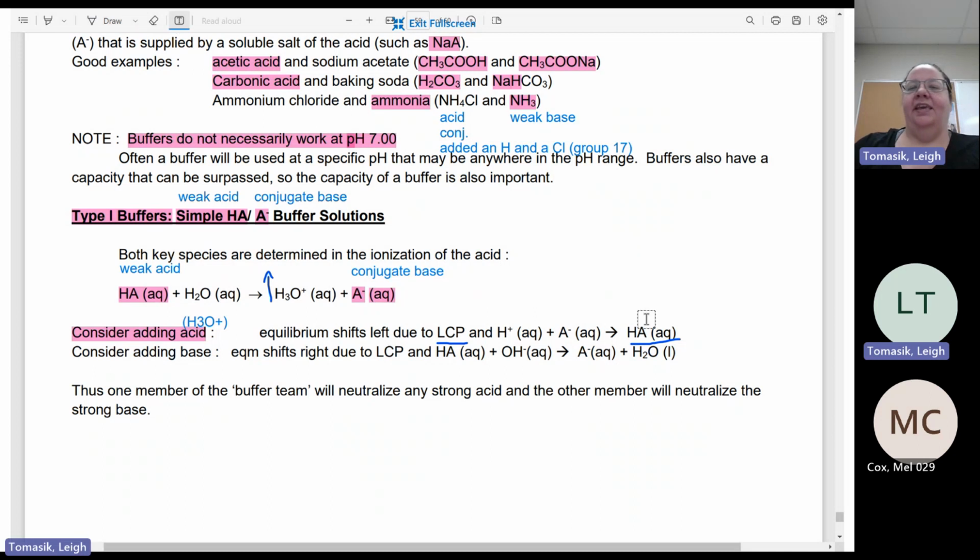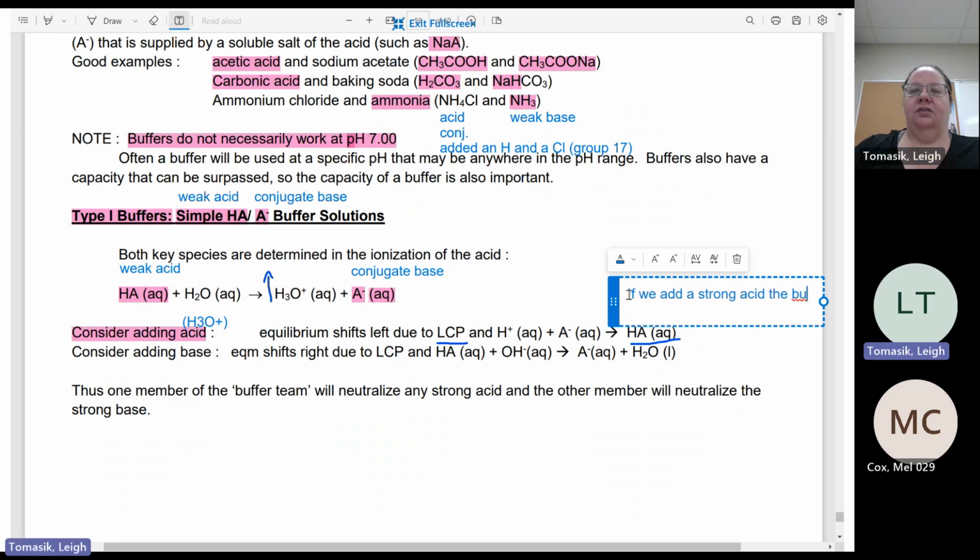Basically, if we add a strong acid, the buffer solution turns it into a weak acid.